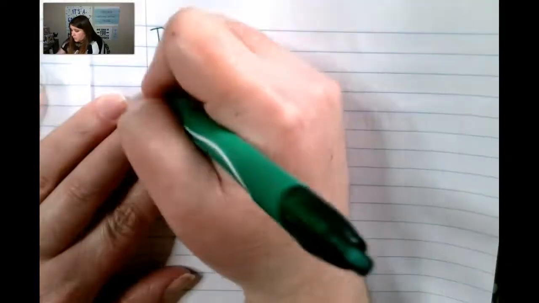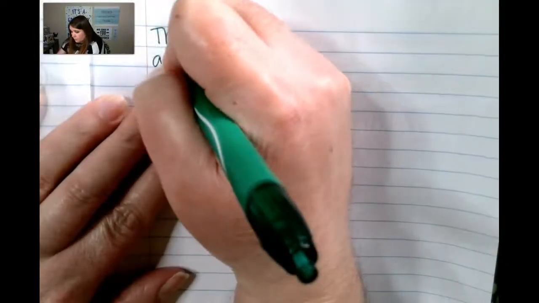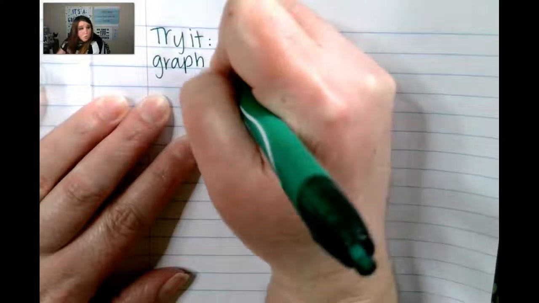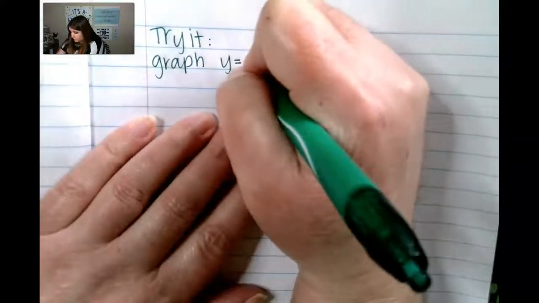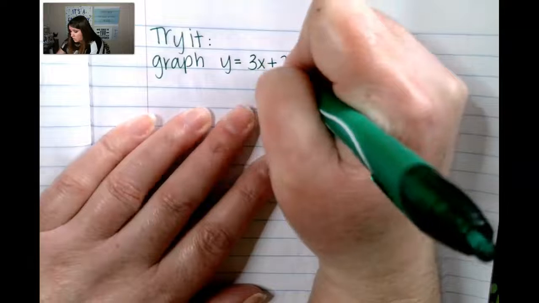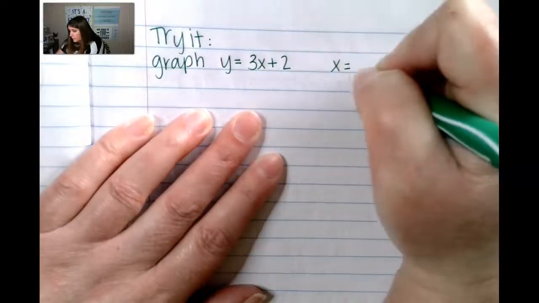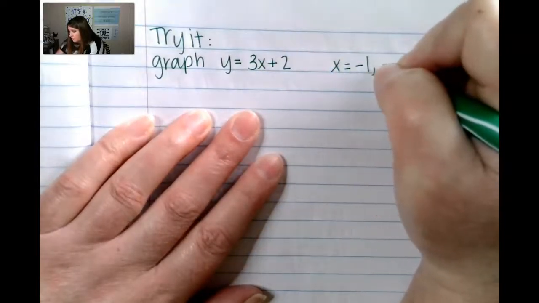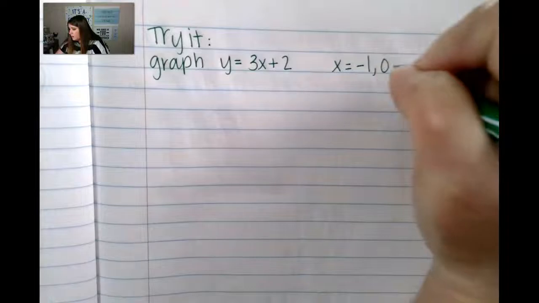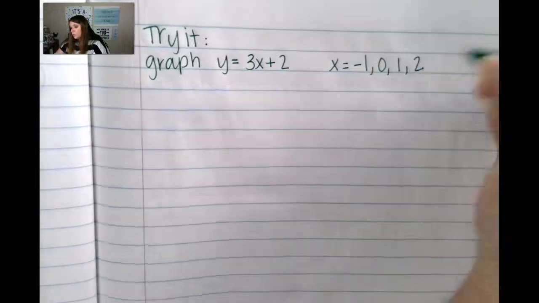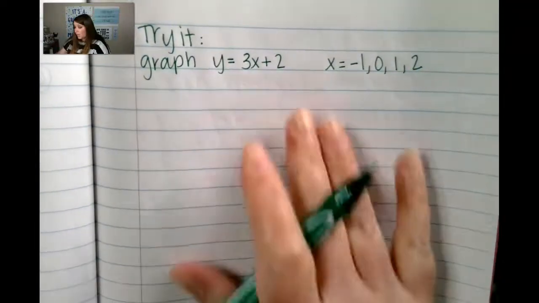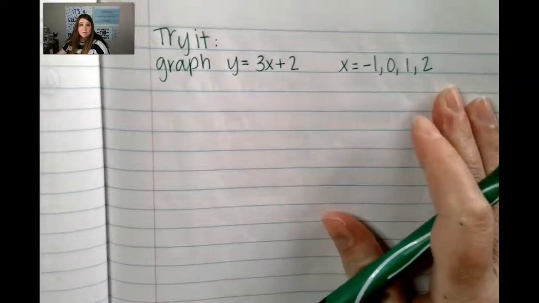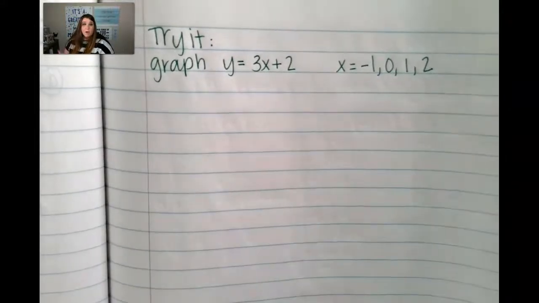So let's graph y equals 3x plus 2 when x equals -1, 0, 1, and 2. If they do not give you the values, go ahead and use these same exact values throughout the practice work today.